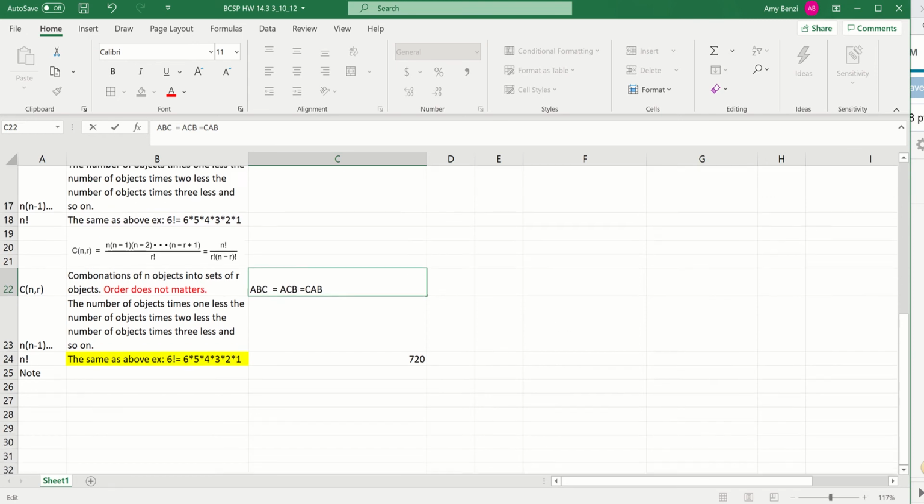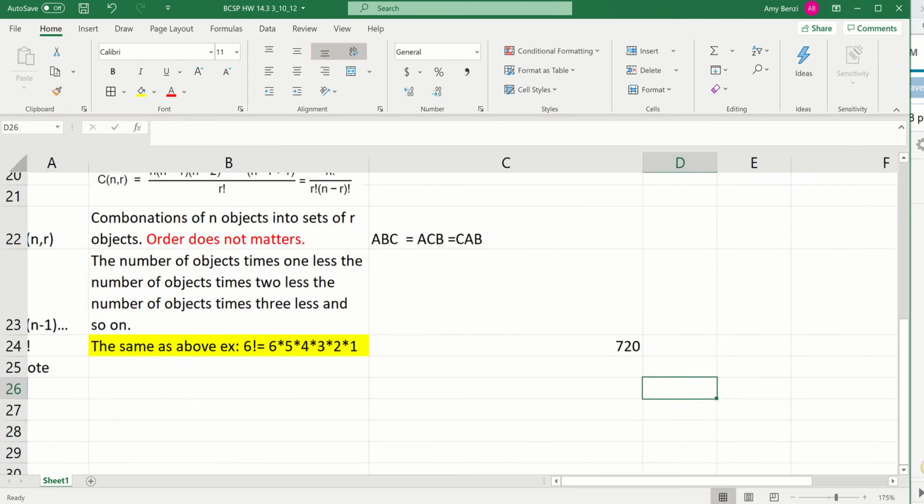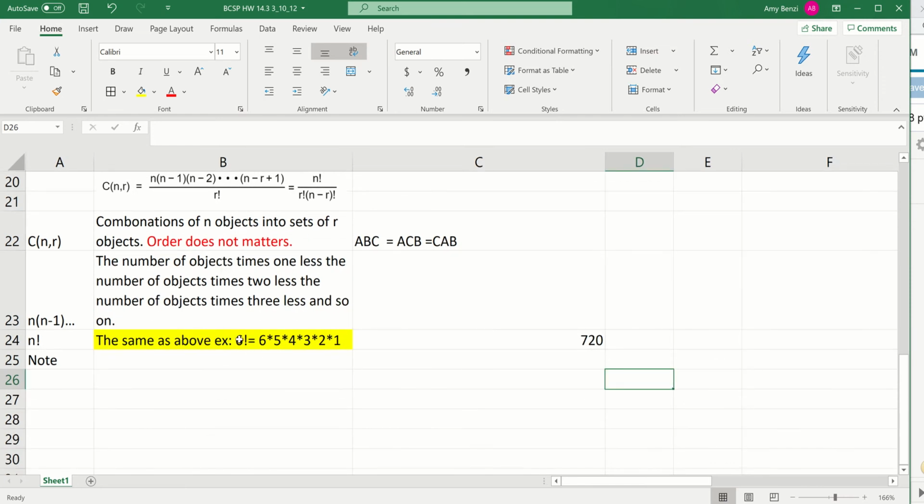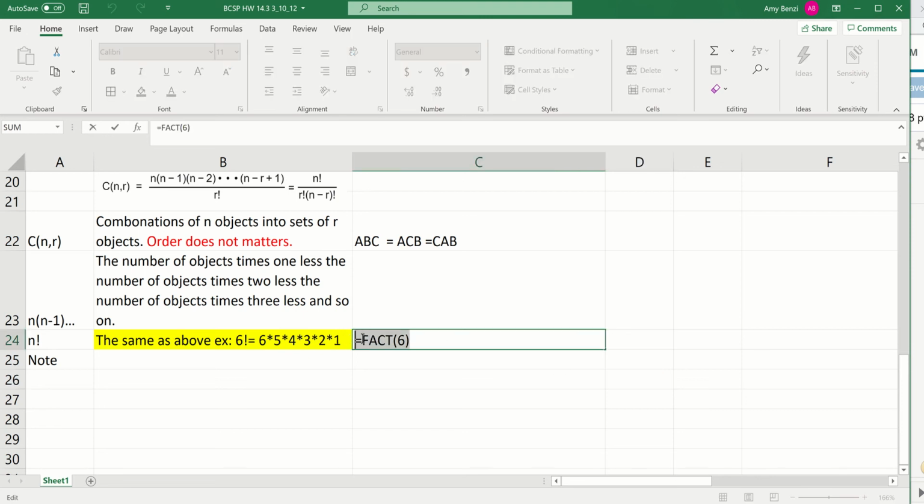All right, also I wanted to remind you that factorial is simply the product of that digit and every integer that came before it. So the 6 factorial is 6 times 5 times 4 times 3 times 2 times 1. And if you want to use your factorial tool in Excel, you simply type in an equal sign.